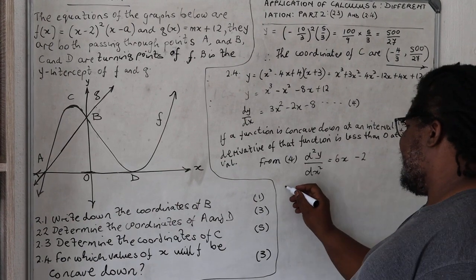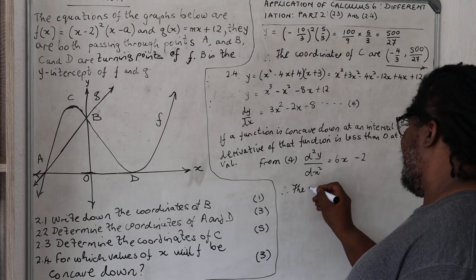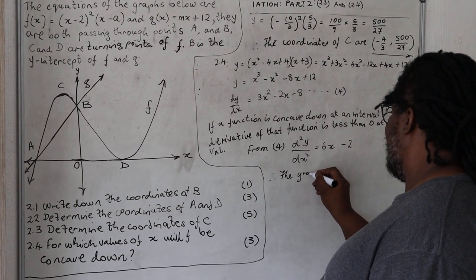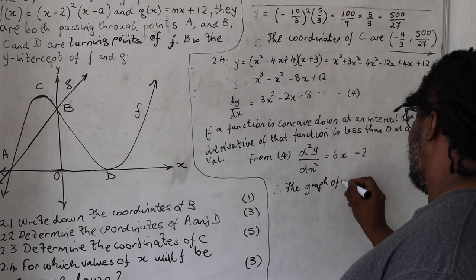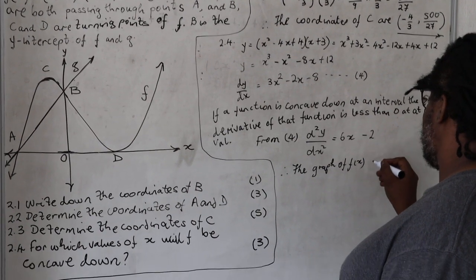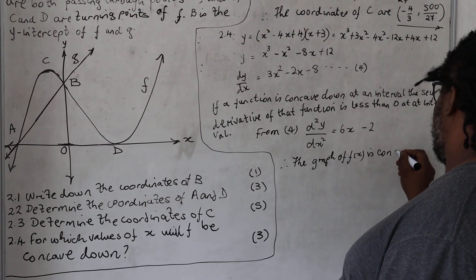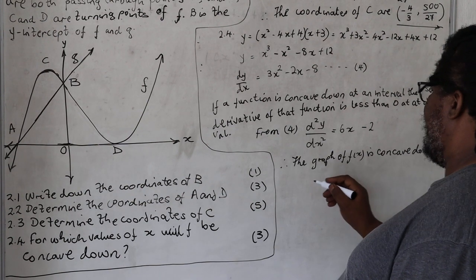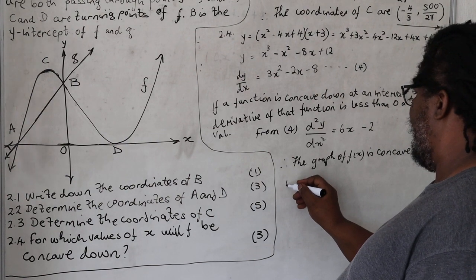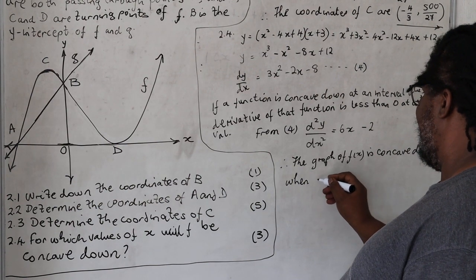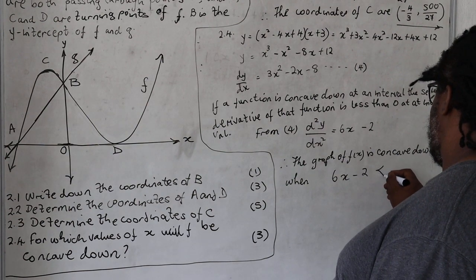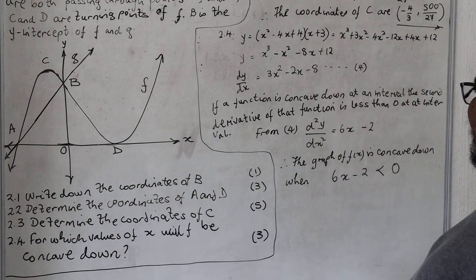So therefore we say the graph of f of x is concave down when 6x minus 2 is less than 0. That is, the second derivative is less than 0.